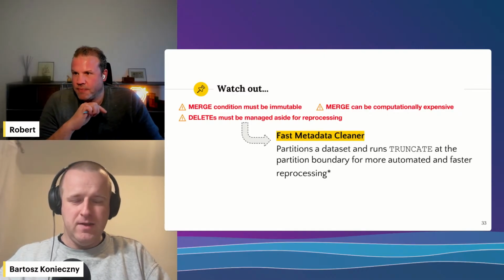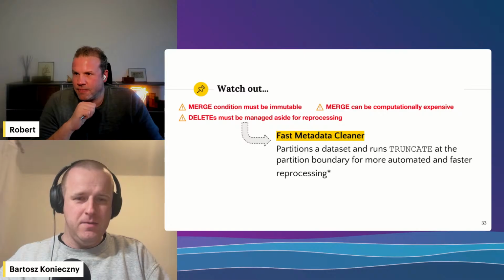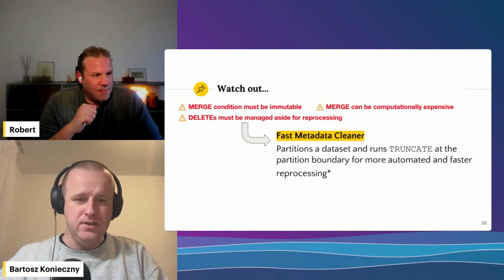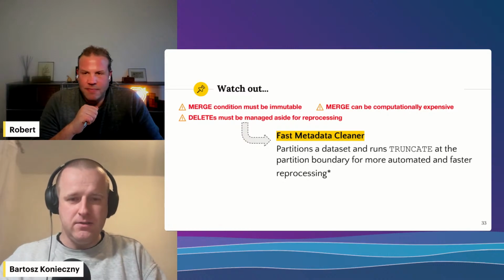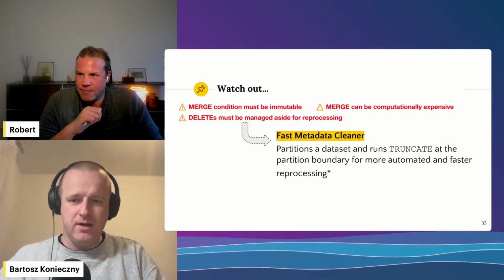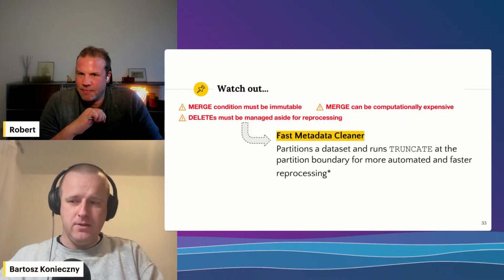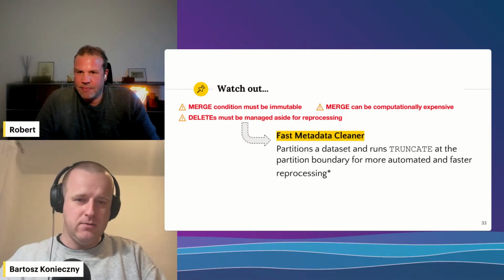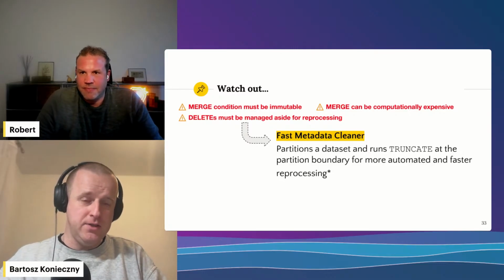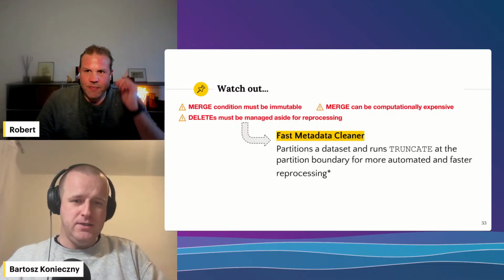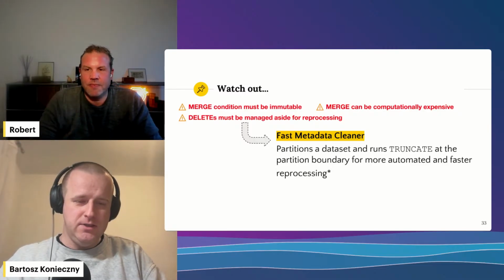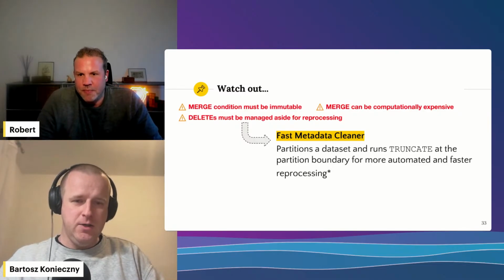There is also an alternative approach if the merge is quite expensive, or you cannot guarantee an immutable condition. There is another pattern called the fast metadata cleaner, which generally leverages the partition boundaries. So, for example, you're running a daily job that writes data to a daily partition, and before writing each daily partition, you just do a simple truncate, and later you do a simple insert.